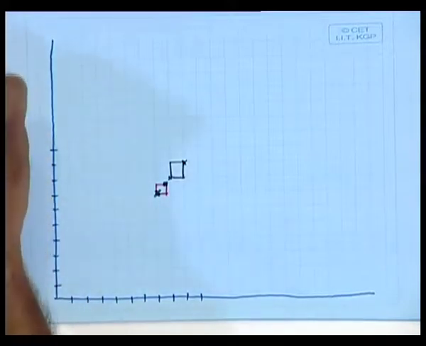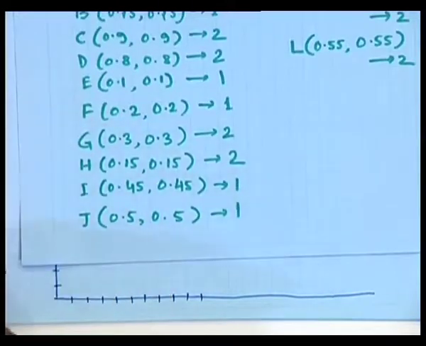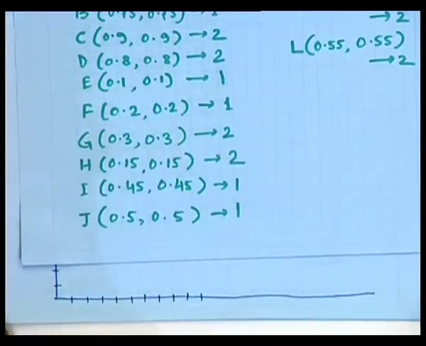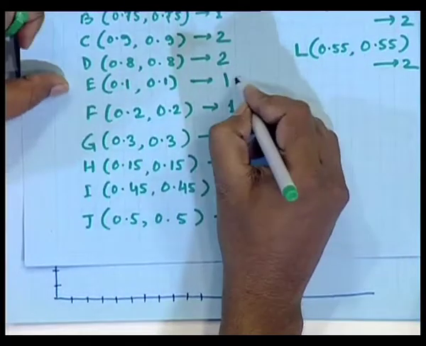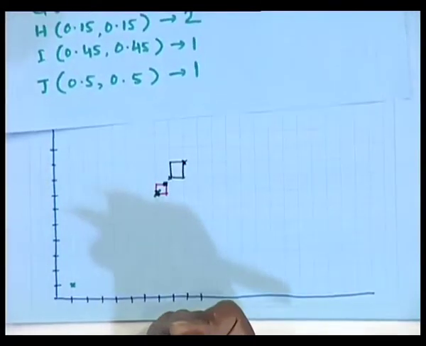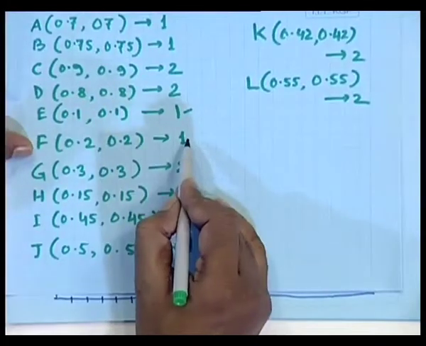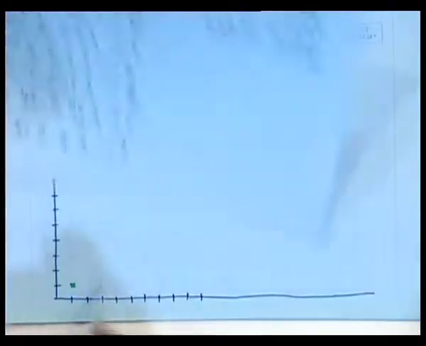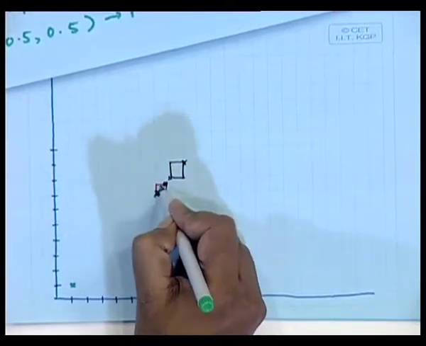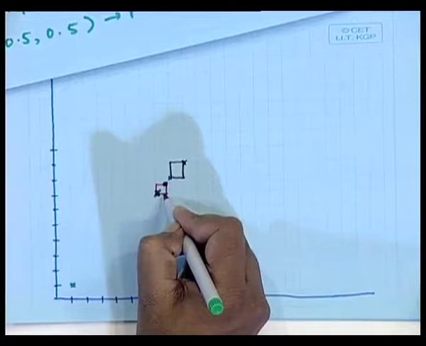Then I will have this point for class 1, that is 0.1, 0.1, somewhere over here, which belongs to class 1. You find that I already have an existing hyperbox, this one, which also belongs to class 1.